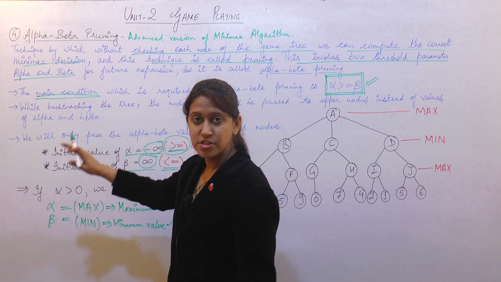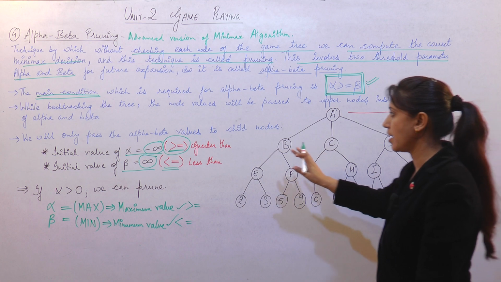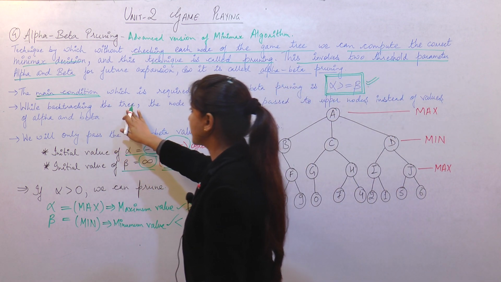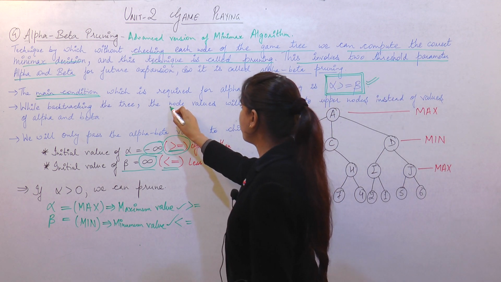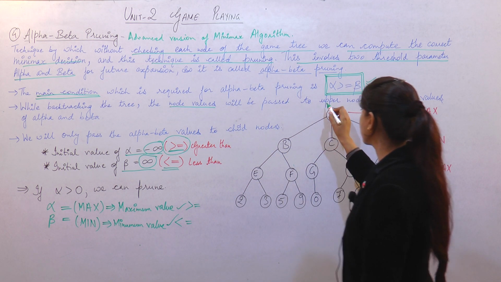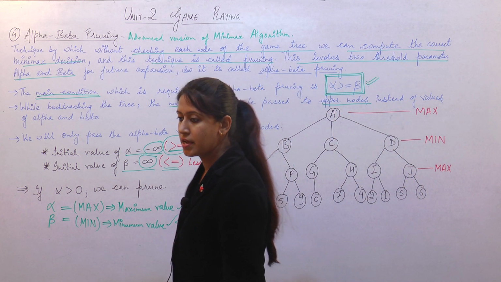The two conditions which should be kept in mind before solving the game tree are: when we are backtracking the tree, the node values will be passed to the upper nodes instead of alpha and beta.